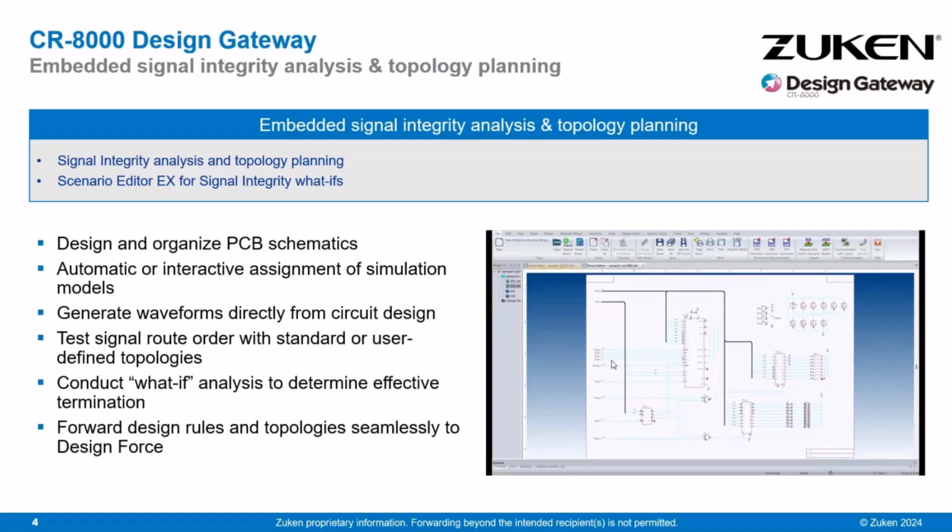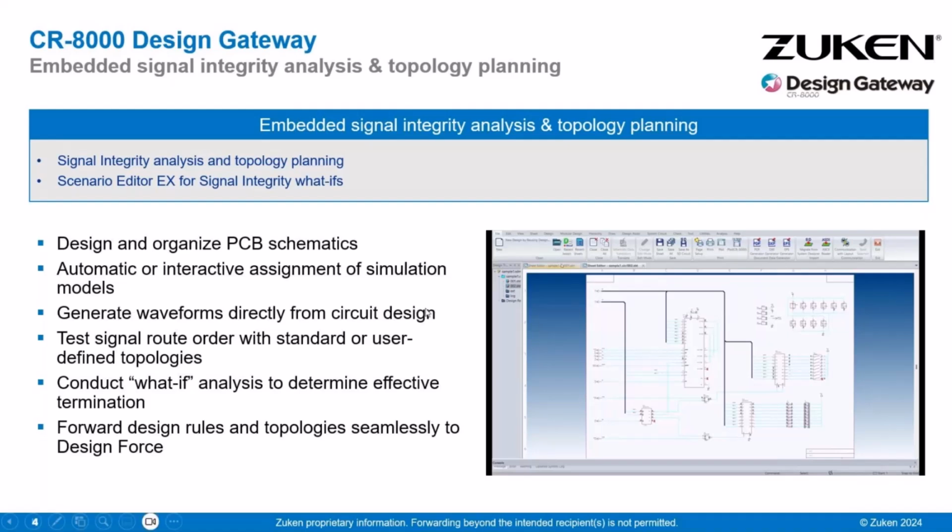Another key feature is the ability to conduct what-if analysis, which lets us explore various scenarios to optimize signal integrity before moving on with our design. And finally, once all the signal rules and topologies are set, they can be seamlessly forwarded to design force or exported into various formats for further use.